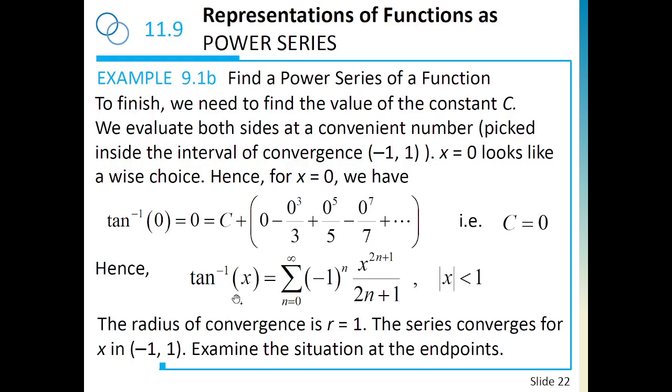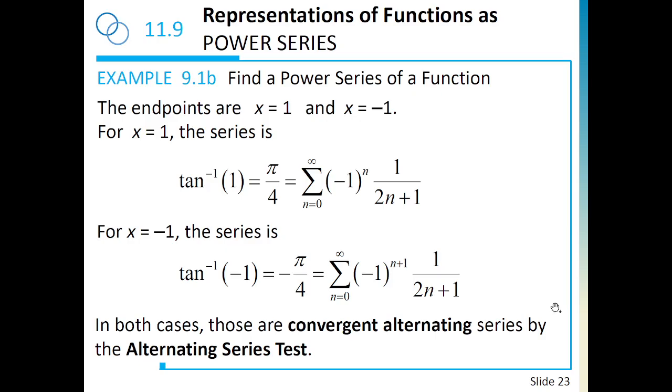But here, tan inverse is defined for all real numbers, so it is defined at -1 and at 1. So I need to actually check what's happening at both ends. How do I do that? Well, I plug x equal 1 and I check if the series is convergent, and then I plug x equal -1 and I check if the series is convergent.